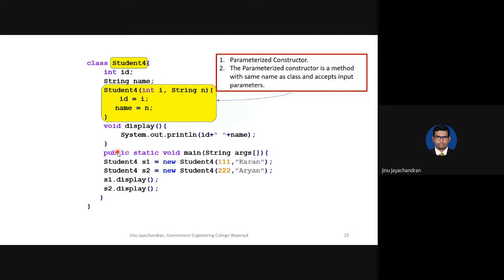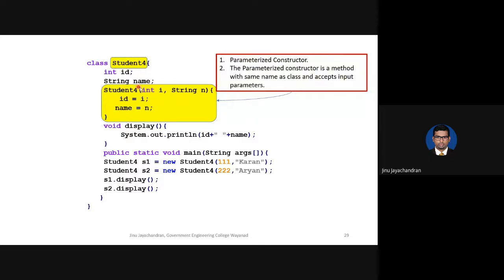So in this case, if you see the class student4, which is exactly the same as the previous code, it has one extra function called student4, which is the name of the class itself. And there are 2 input arguments of int type and string type, I and n. I is assigned the value ID, n is assigned the value name.